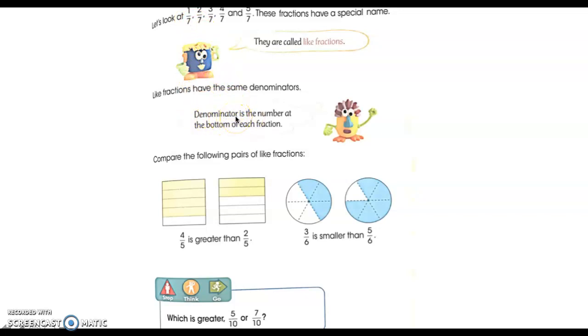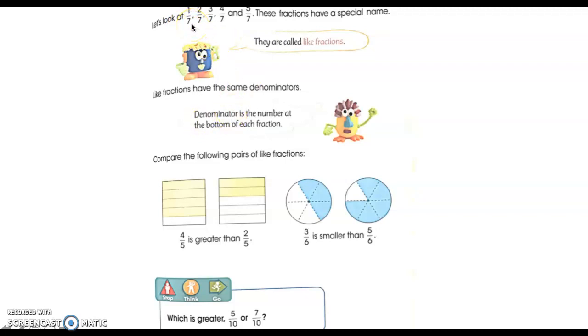Denominator. You must repeat this word several times during the fraction topic in upper grades. So keep repeating denominator. Where is the denominator? At the bottom of the fraction. The number of equal parts in the whole is called the denominator.